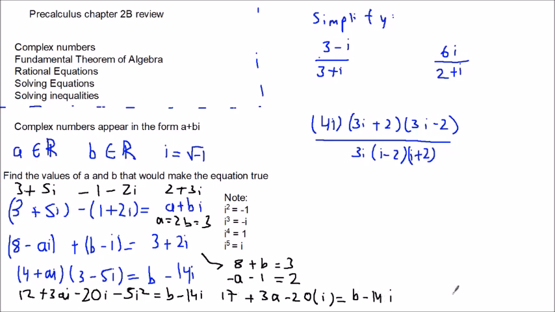So b, you can automatically see, is 17. This isn't the a plus bi in the b, but it could be, right? And a: 3a minus 20 is equal to minus 14, and if you solve that, a is 2. So a is 2. Those are our answers. And if you solve the previous one correctly, you should have gotten a is equal to minus 3 and b is equal to minus 5.